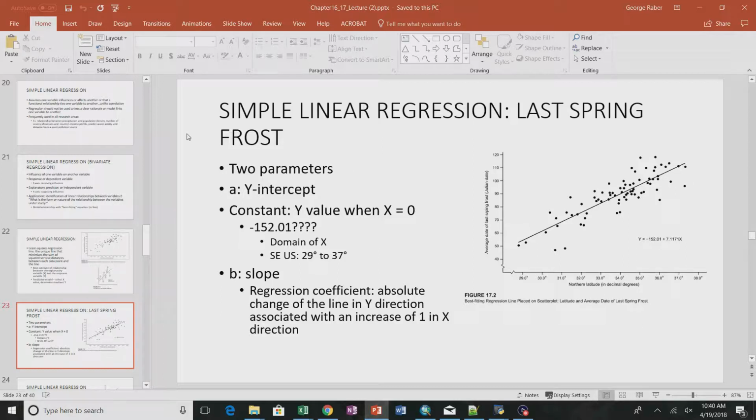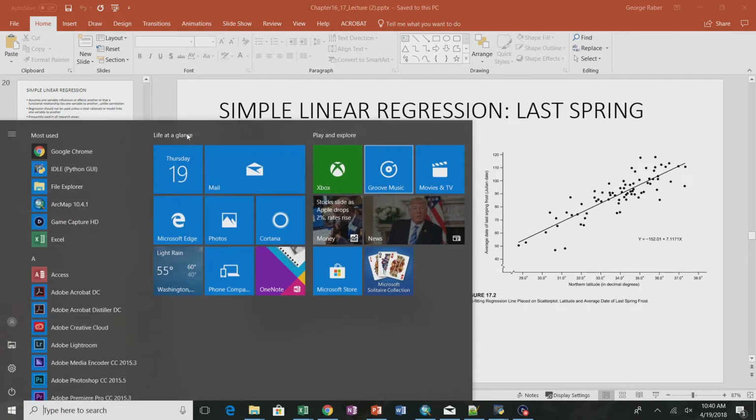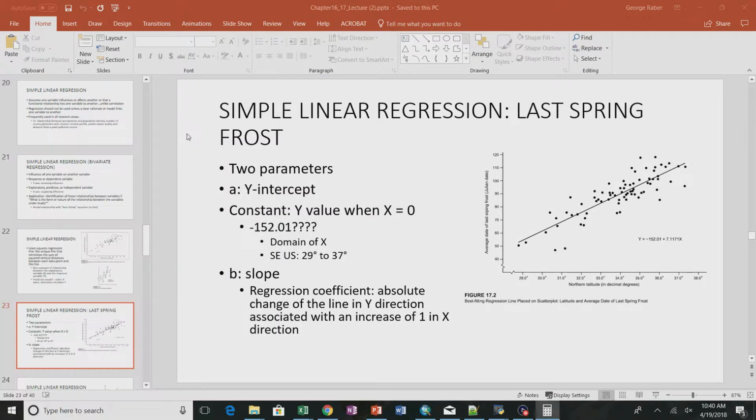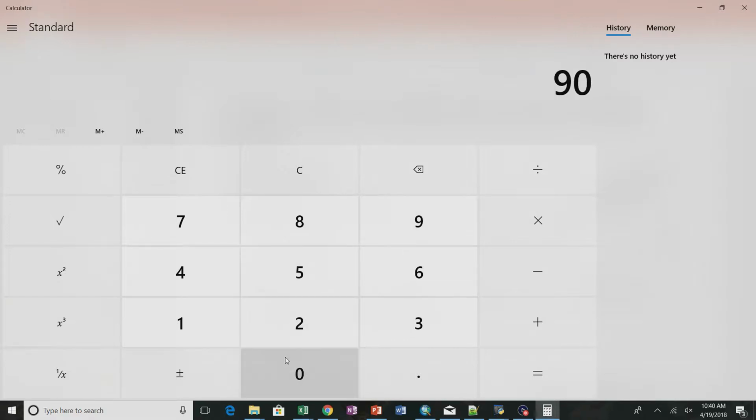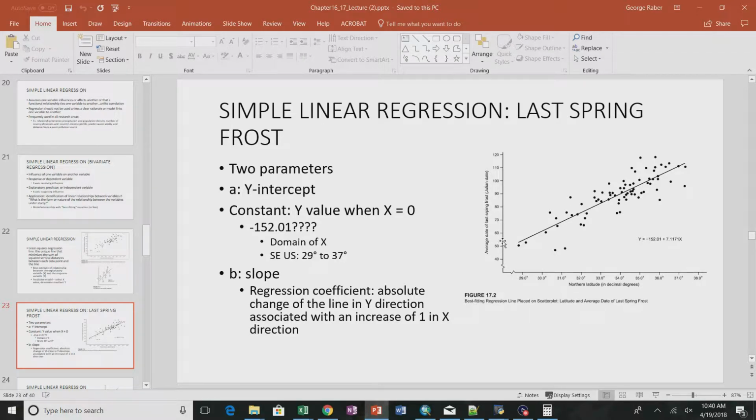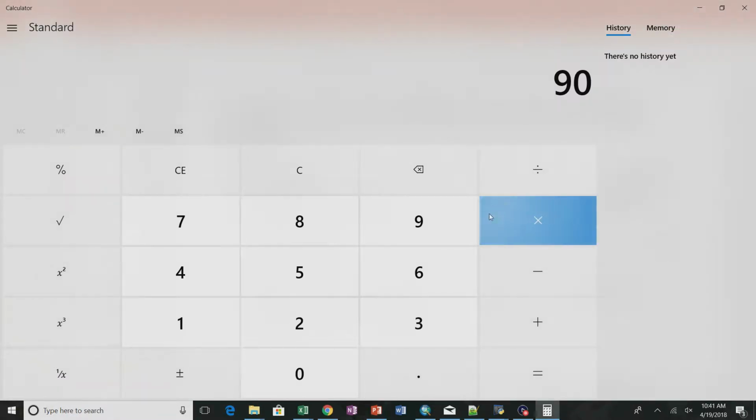Also, if we got all the way up to 90, what would the value be? Let's just do that on the calculator. So we'll use this formula. If we got all the way up to 90, the North Pole, we're predicting the date of spring in the North Pole, the average day that there won't be any more frost.